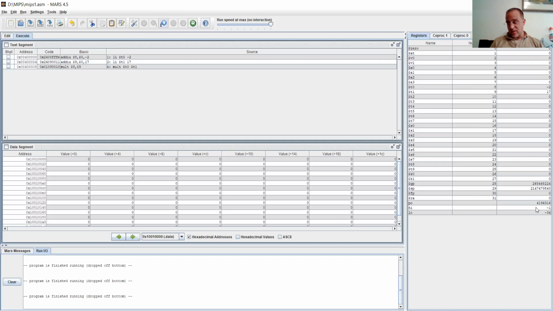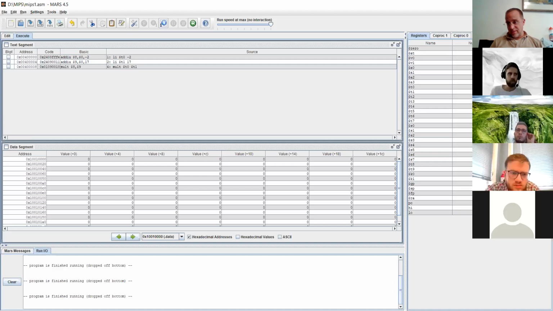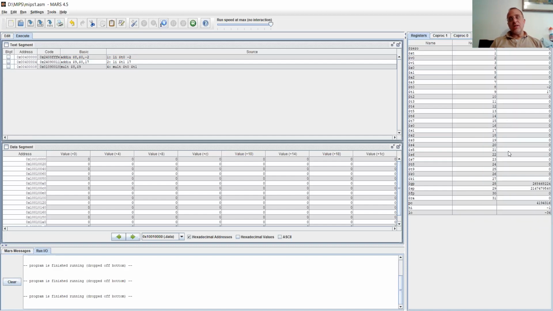What's sign extension? Nobody knows? Okay, so I'll have to tell you. Sign extension is that we take the sign of a number and we extend it into the empty bits.